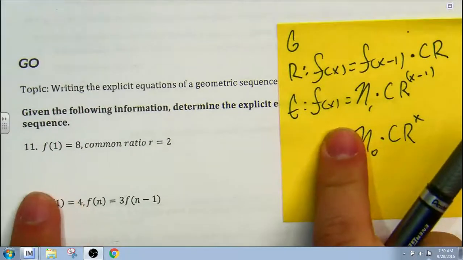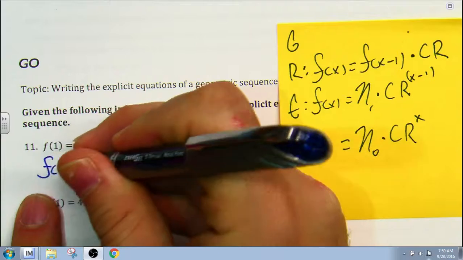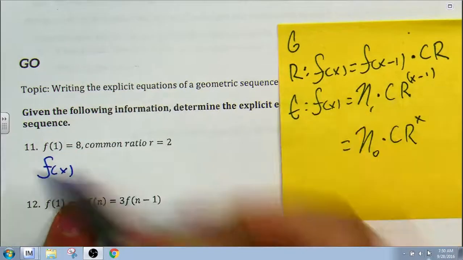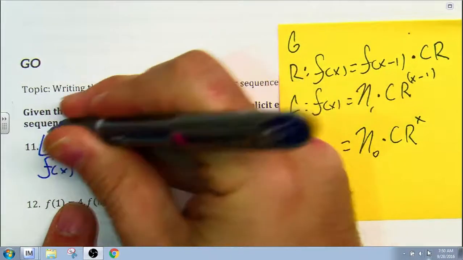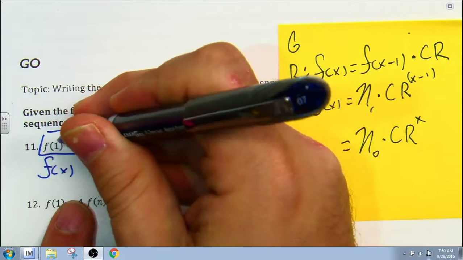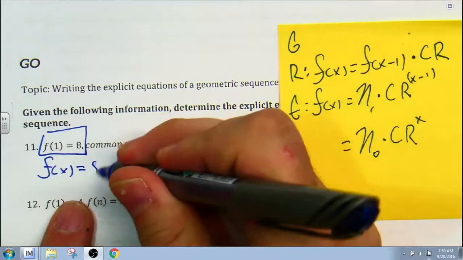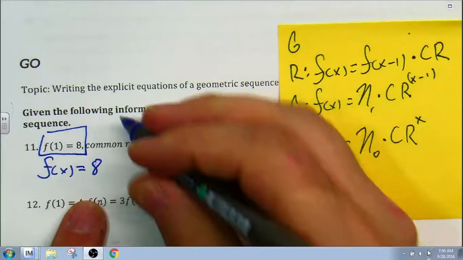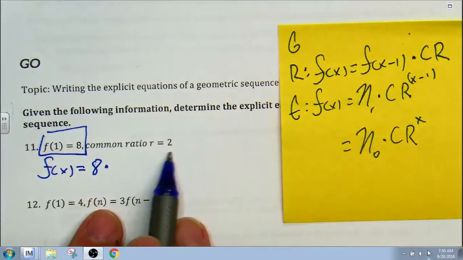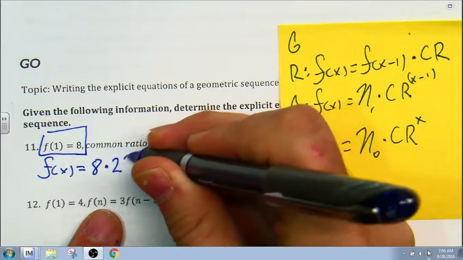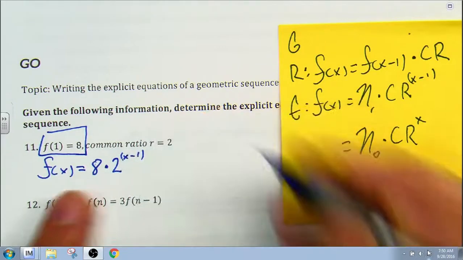All I need to do is take f of x, my n sub 1. Well, this is my n sub 1 right here, right? This is when x is 1, so that's going to equal 8. That's my n sub 1. I multiply that by my common ratio, which I'm told is 2, and I put it to the x minus 1 power. And I am done.